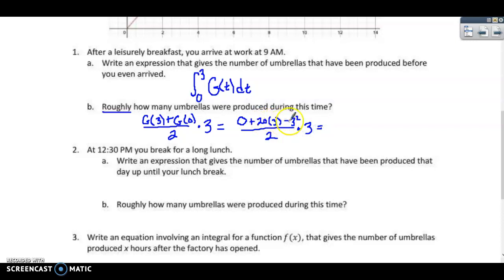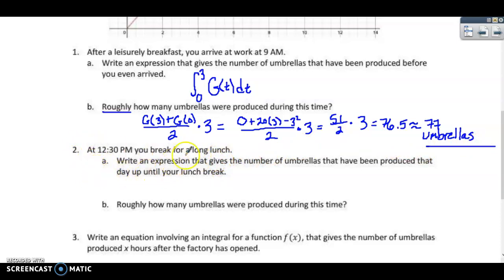Well, 20 times 3, that's 60, minus 9, that's 51 over 2, times 3, which is 76.5, or approximately 77 umbrellas. So approximately 77 umbrellas produced in those first 3 hours that we've been working.